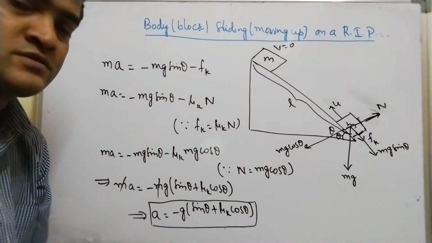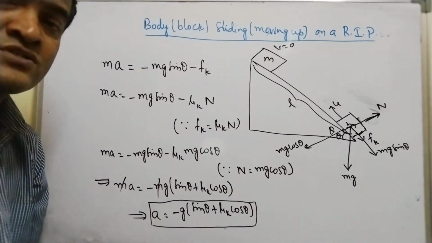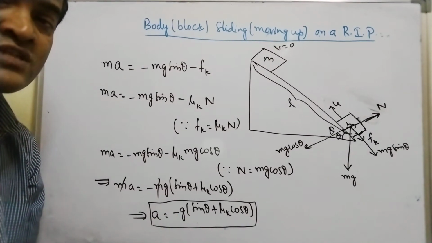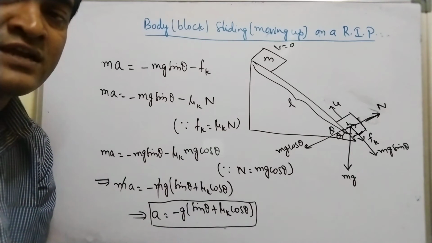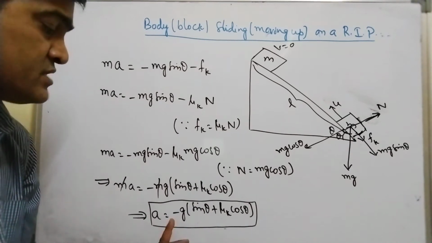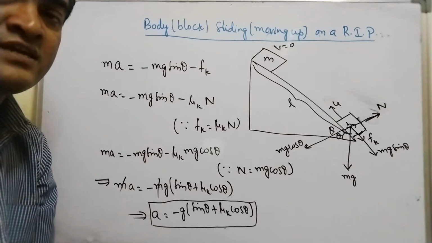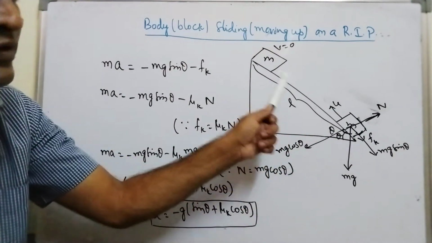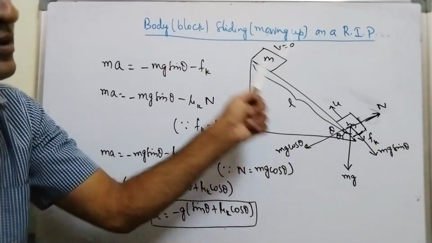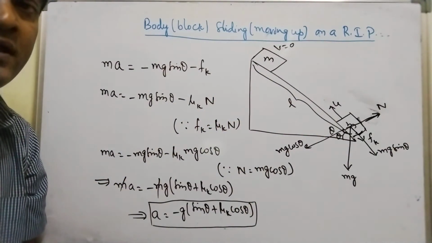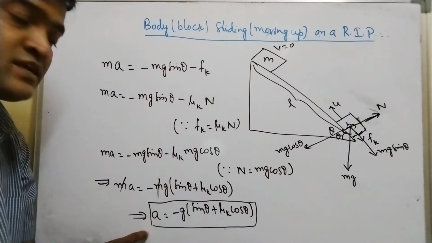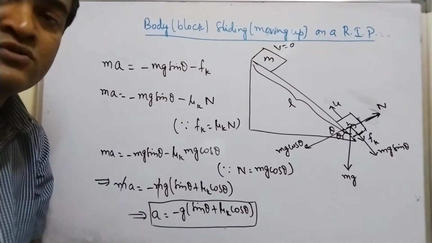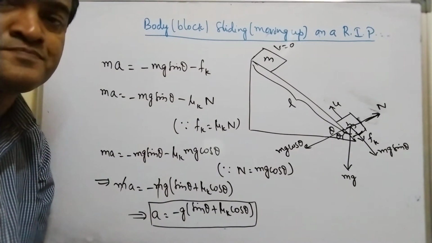Simply remember like this: the acceleration of a block sliding down the rough inclined plane is g into sin theta plus mu k cos theta. Now when the same block is moving upwards along the rough inclined plane, I get the value of acceleration as minus g into sin theta plus mu k cos theta.